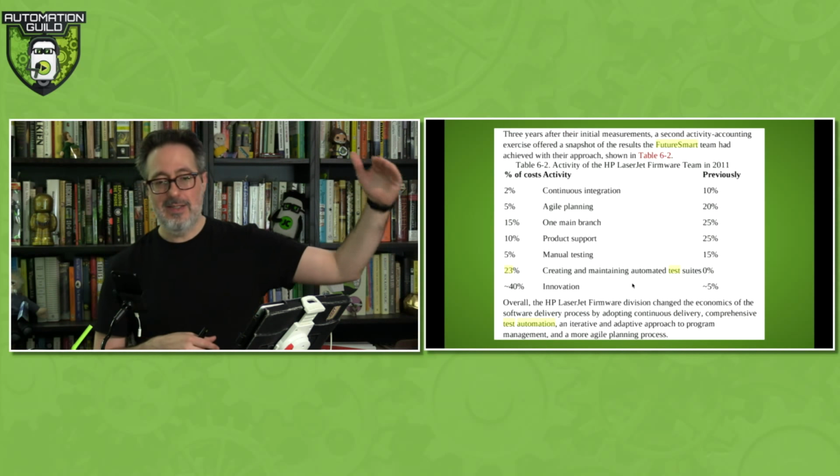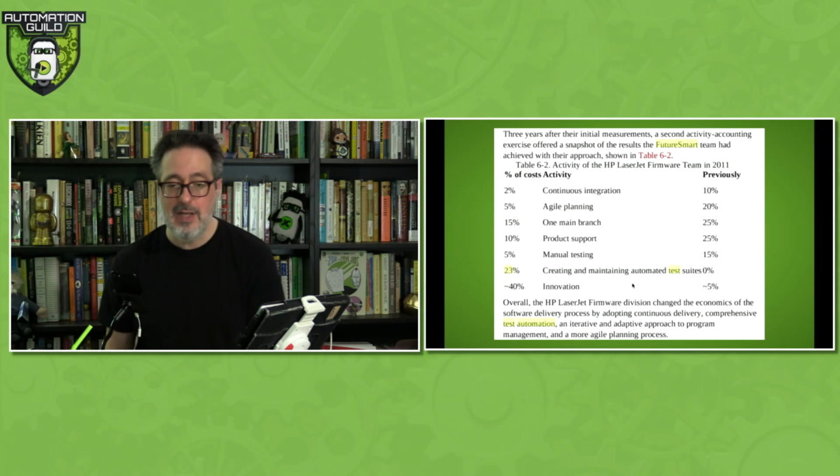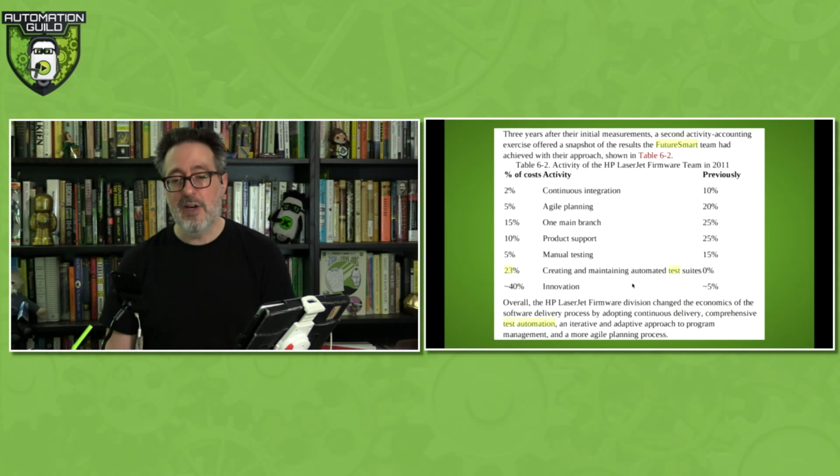Before, they had zero time and effort in test automation. Now it's 23%. It's actually quite a lot of time, but they found that before and after, there was an increase in innovation. That's one of the reasons why I think test automation is really important, and this is a good case study to show you why that might be.